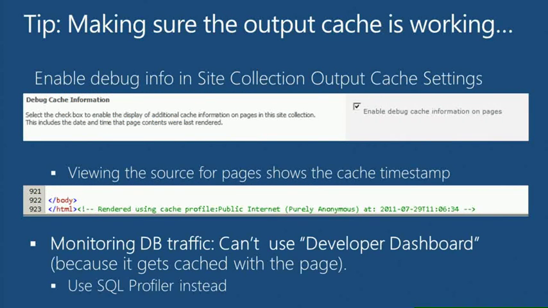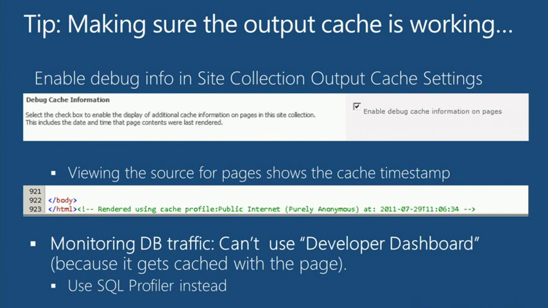Now, just going into site collection settings and turning it on doesn't mean it's going to be working, right? We need to validate that it's actually doing what we want it to. One of the options we have in the cache settings is the debug information, just a little checkbox, which allows us to enable the debug cache information on pages. This is not going to write anything out that the end user will see.